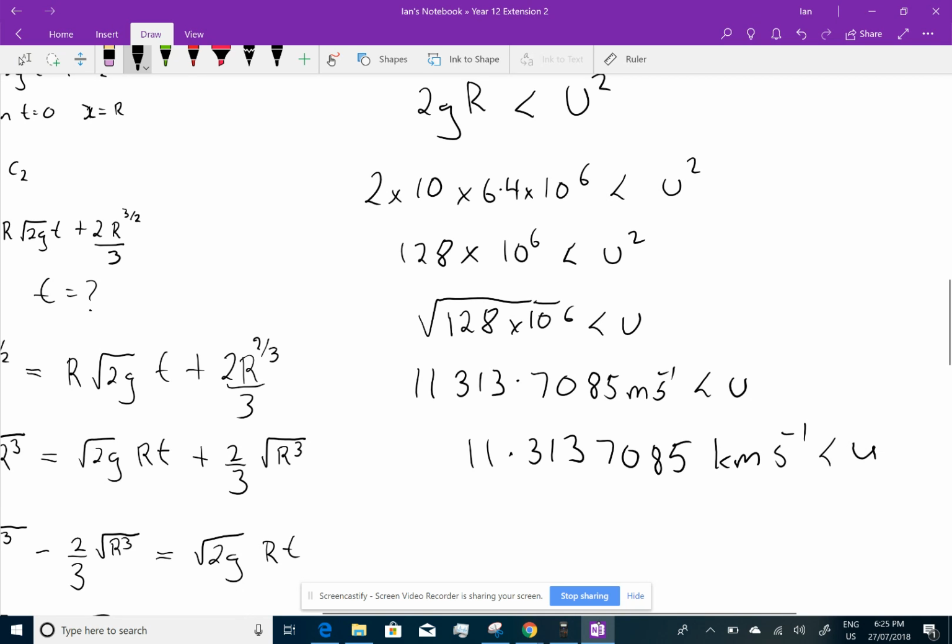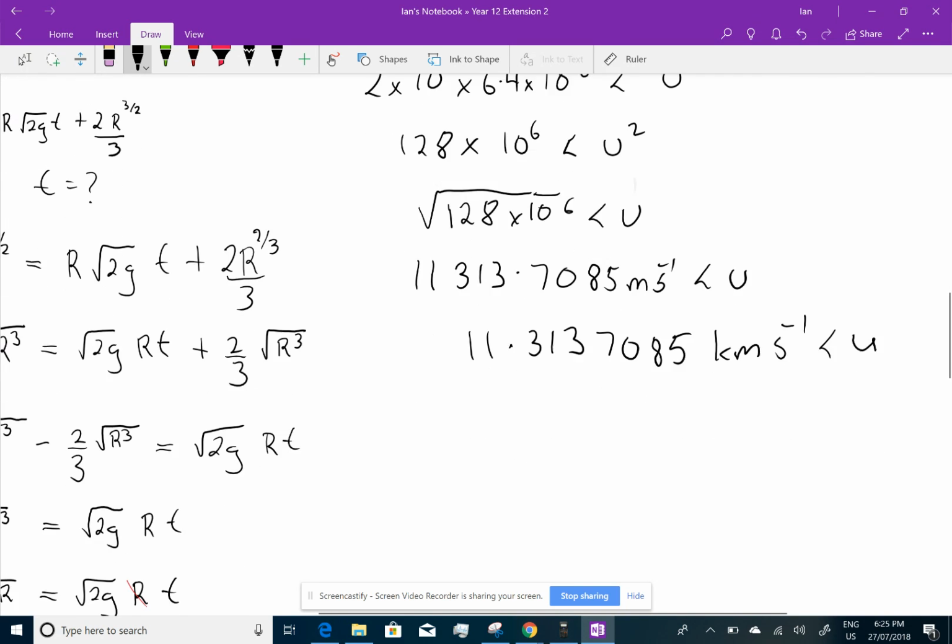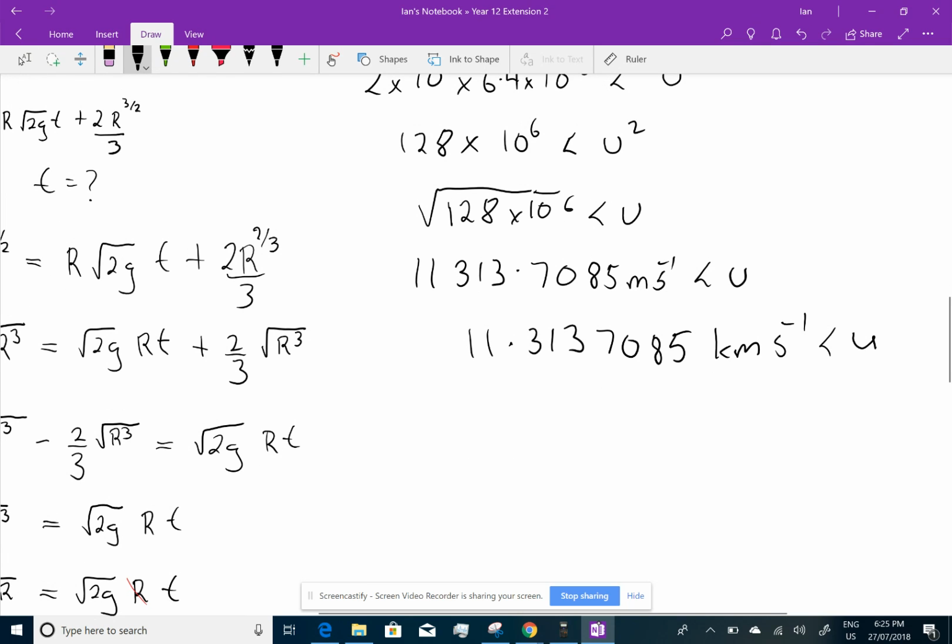That's what the velocity's got to be if you want to get off the Earth, or 40,729 kilometers per hour. So to escape Earth's gravity, you've got to be going 11.313 kilometers per second, or 40,729 kilometers per hour. All right, HC awaits you. Good luck.